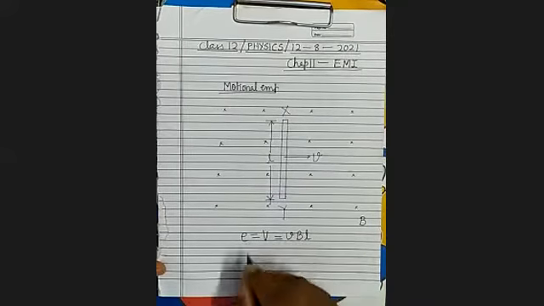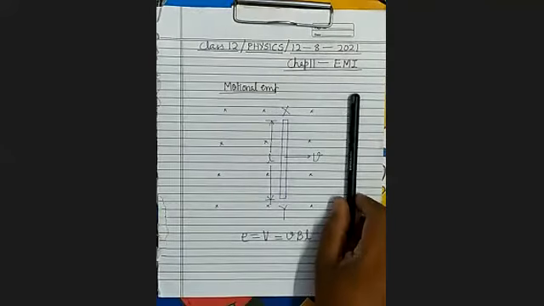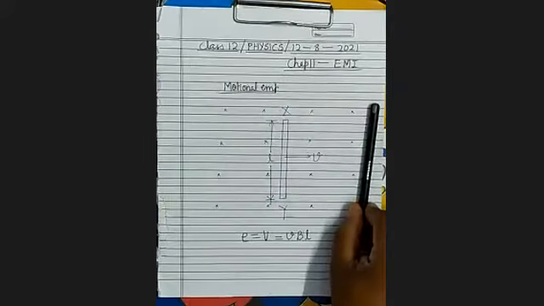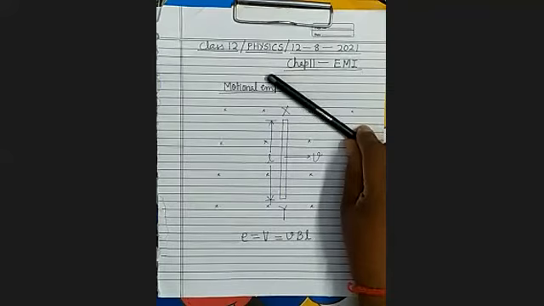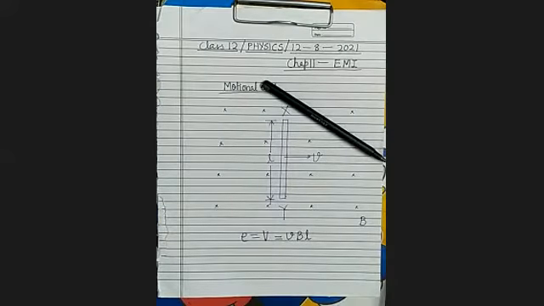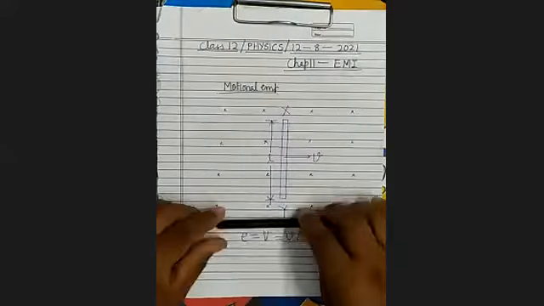And what will be the magnitude of that induced EMF? The magnitude of that induced EMF will be equal to V into B into L. It's clear? Here the conductor is moved in such a way that it is cutting the flux lines. Whether you move this way or that way, in every case it will cut the flux lines, because the flux lines are normal to the plane of paper and it is moved along the plane of paper.